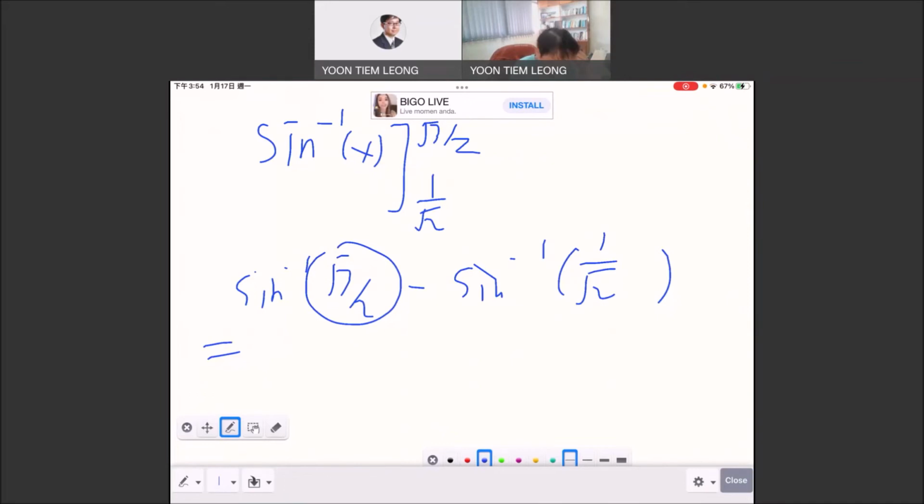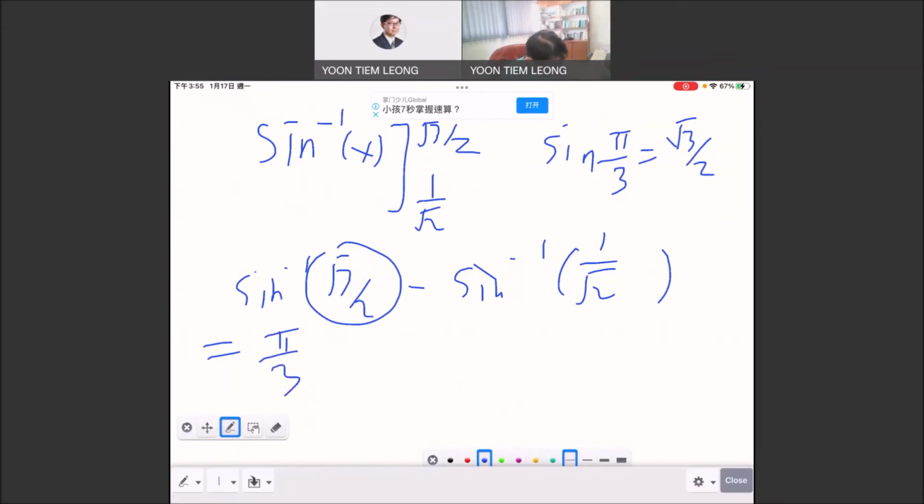Sine of 60, which is sine of pi over 3, is square root of 3 over 2. I remember this, or else you just have to figure out yourself how to do this. So this is just pi over 3 minus arcsine of 1 over square root of 2.